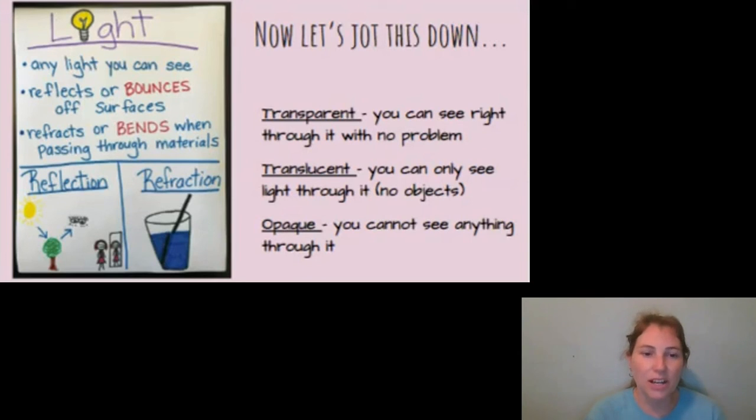So pause the video, go grab some paper and pencil or some crayons, and take a few minutes to write this down and write down what you learned today. Okay? You may copy mine. I've got some pictures and some words on there. I've got our new vocabulary words here. But do this. Take a few minutes to copy it down to help your brain remember it.